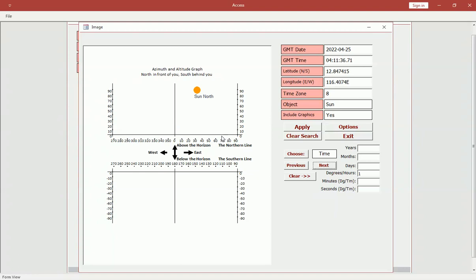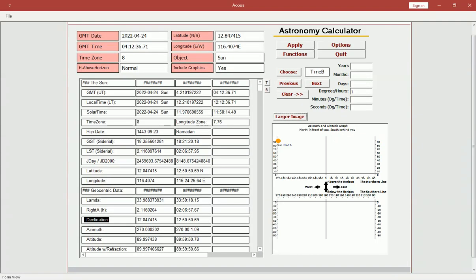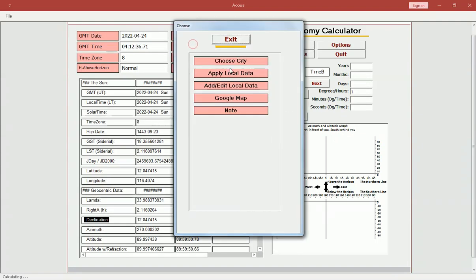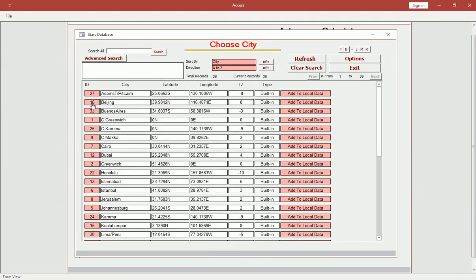Now, as I said in the previous video, this is above the horizon and this is below the horizon. And this is why you see the sun rotating around our location. Let's return back to our original location. I think it was Belgium.